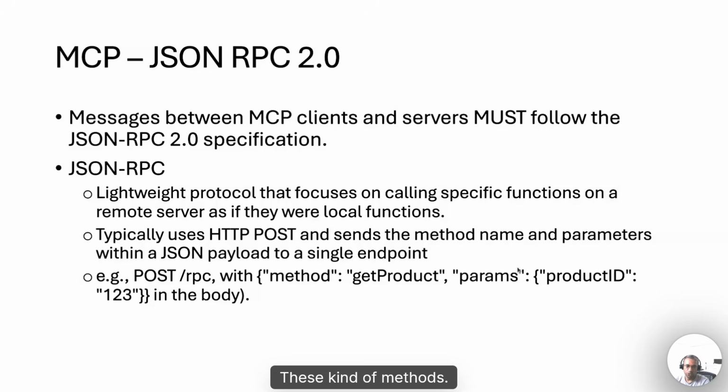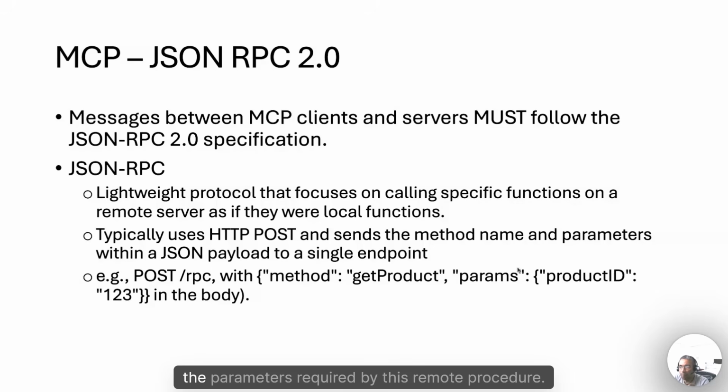But with JSON RPC 2, we focus on invoking a remote procedure, and we always call a single endpoint with the POST or GET method. Within the body we tell what remote procedure we want to call, and we pass the parameters required by this remote procedure.